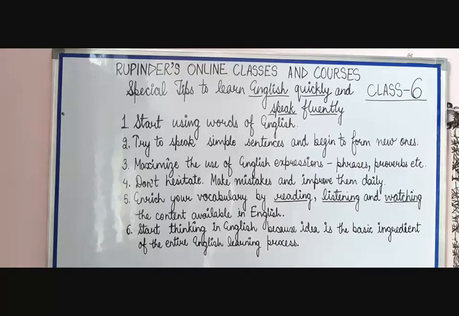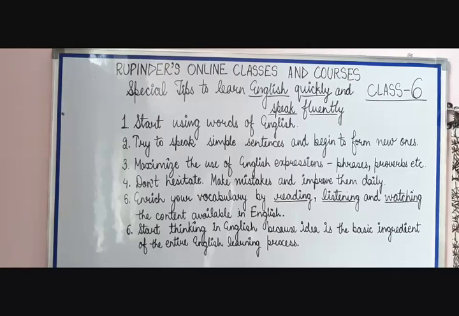Yes, we all have to start using words of English, and you must have noted that even aged persons, those who are not educated, even they use it. So feel happy, feel glad that we all are done with this first step, even if we are non-English speakers. We all use words of English like thank you, sorry, morning, evening, I miss you, such kind of words.